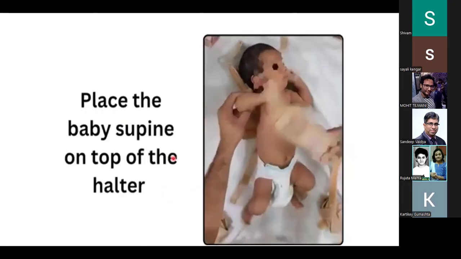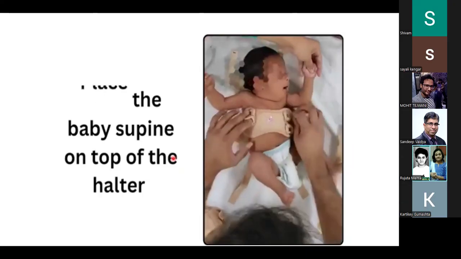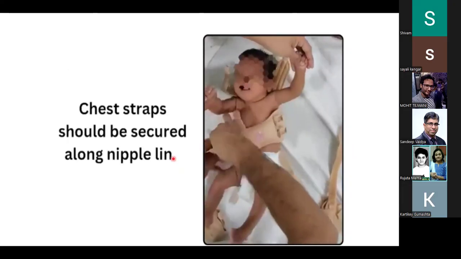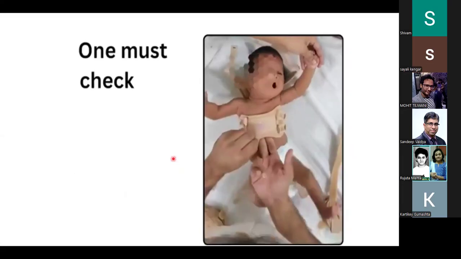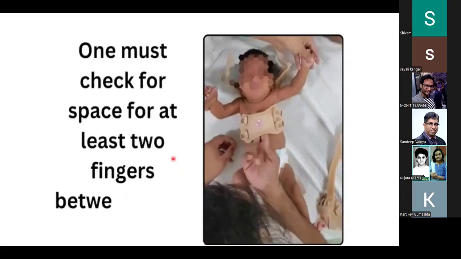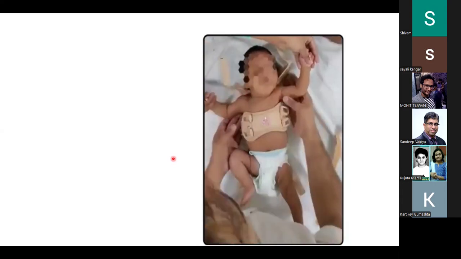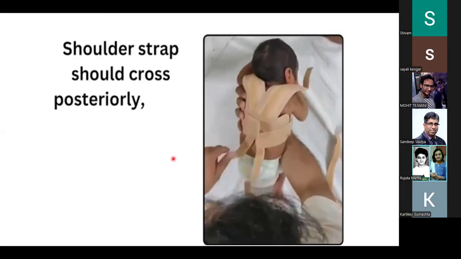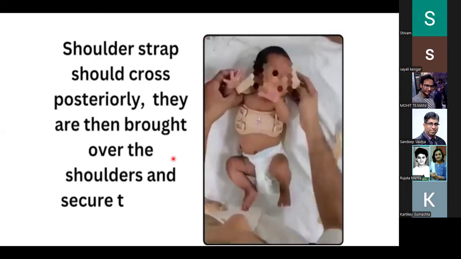Place the baby supine on top of the halter. We place the chest strap along the nipple line. There should be a space of at least 2 fingers beneath the chest strap. You should check the shoulder strap posteriorly.